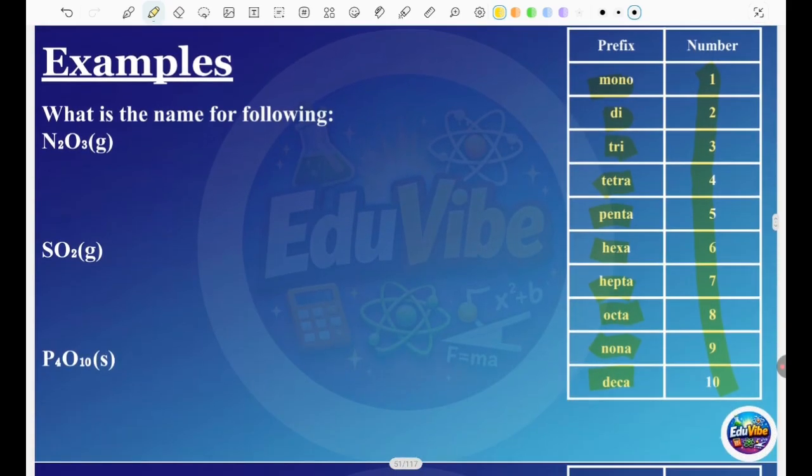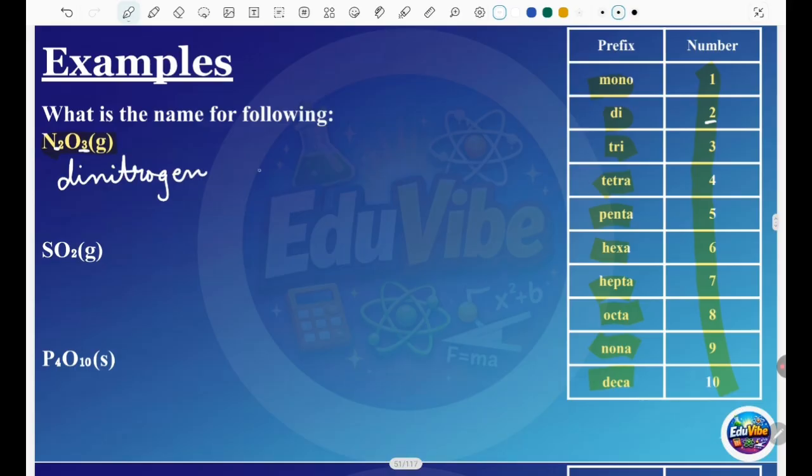So let's name some molecular compounds. First we have N2O3. We all know N is nitrogen and O is oxygen, which becomes oxide. N2 has 2, so this means di: dinitrogen.